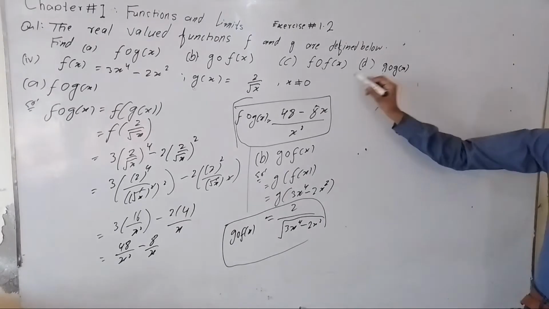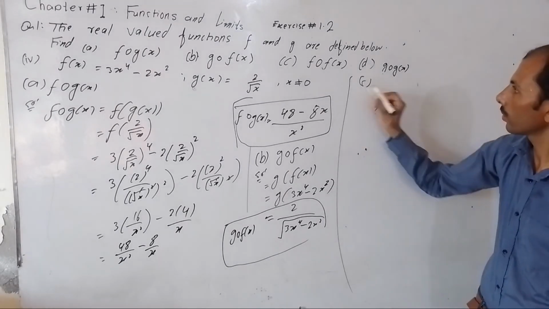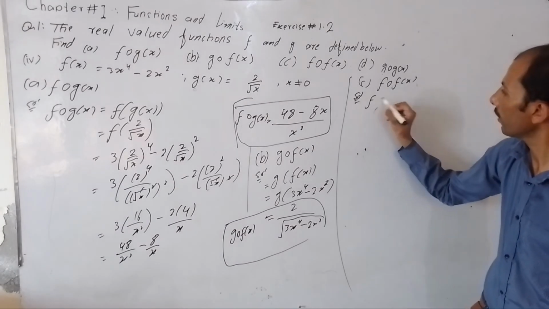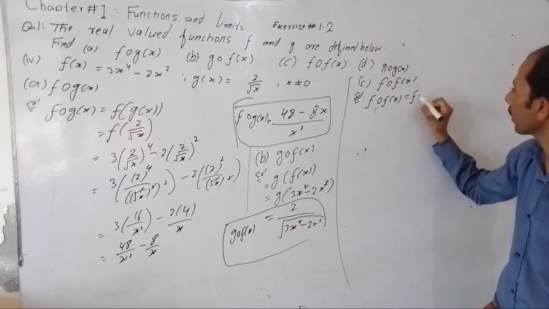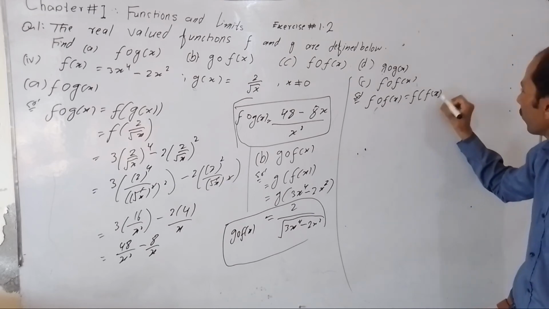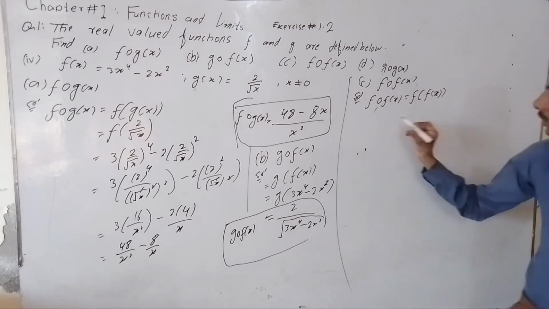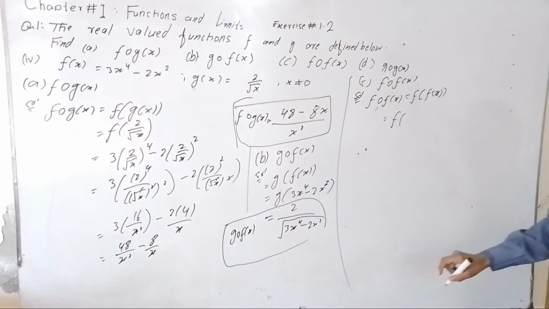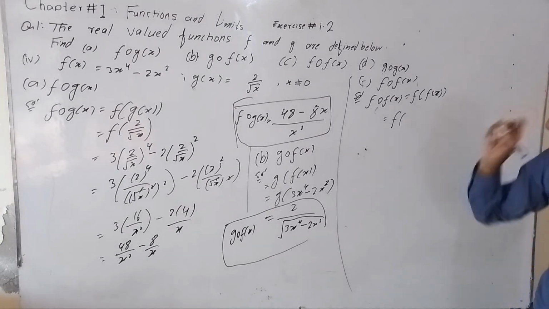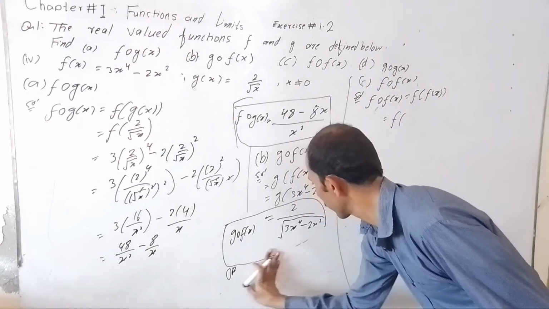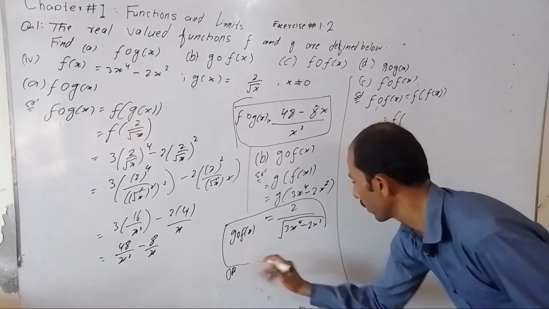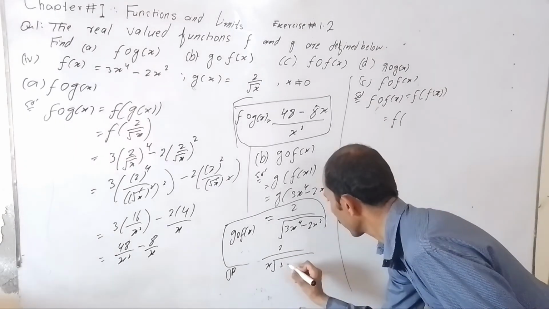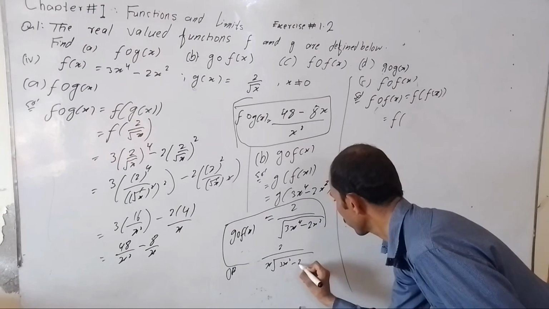Next, part c: f of f of x. Solution: f of f of x is equal to f into f of x is equal to 3, or this can also be written 2 divided by x into 3x squared minus 2.